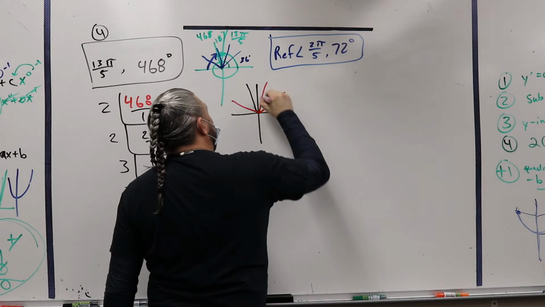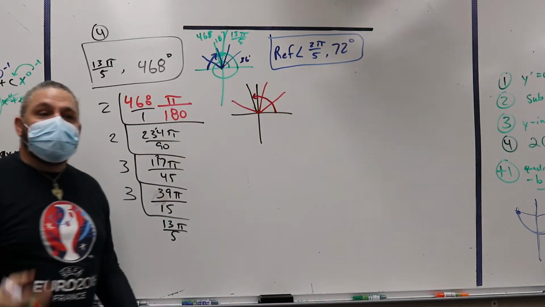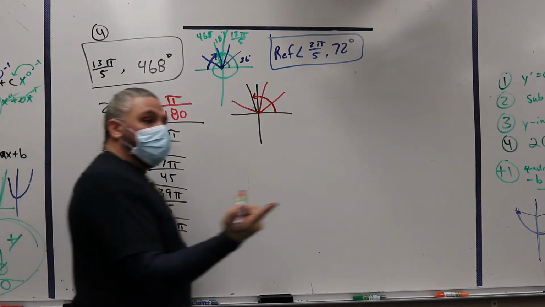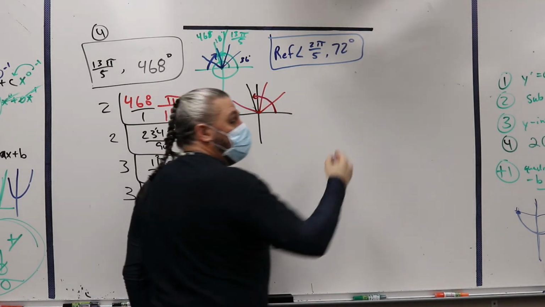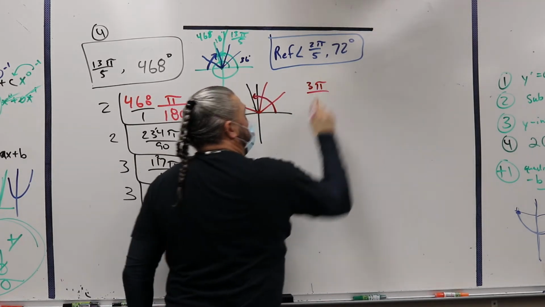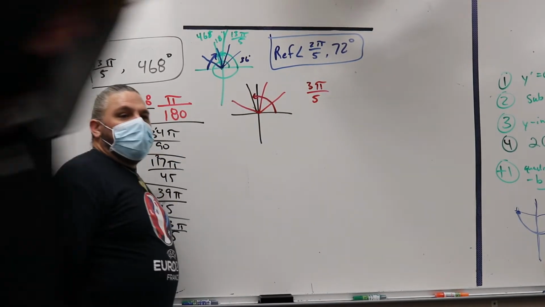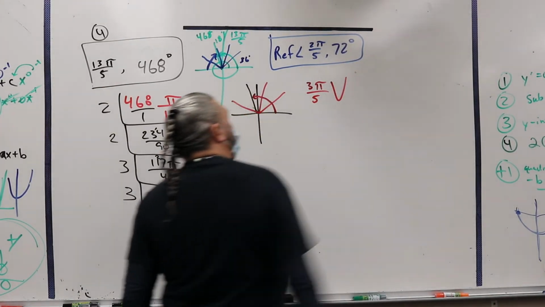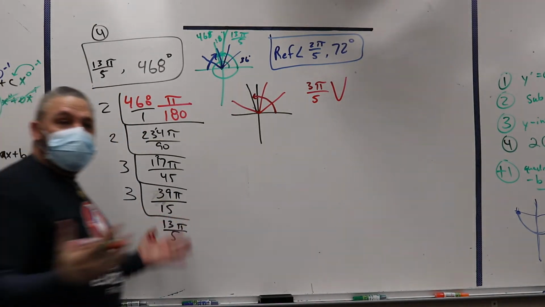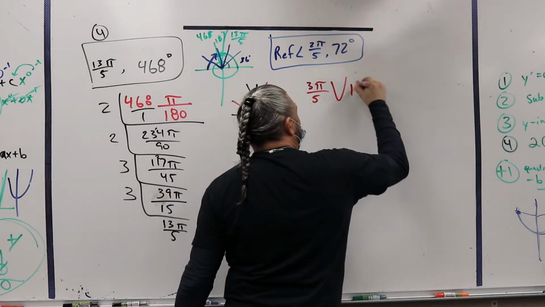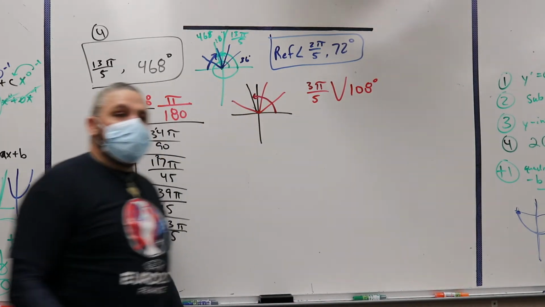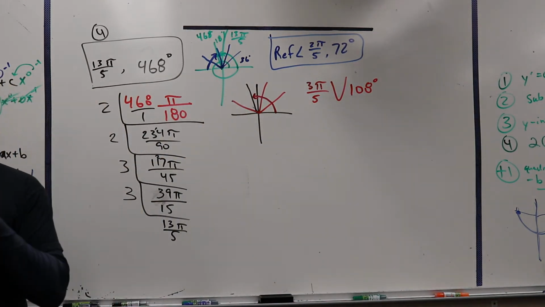So if I wanted to get to here positively, it would be how many pieces? 1, 2, 3 pi over 5, or 108, right? And that would be your positive coterminal.